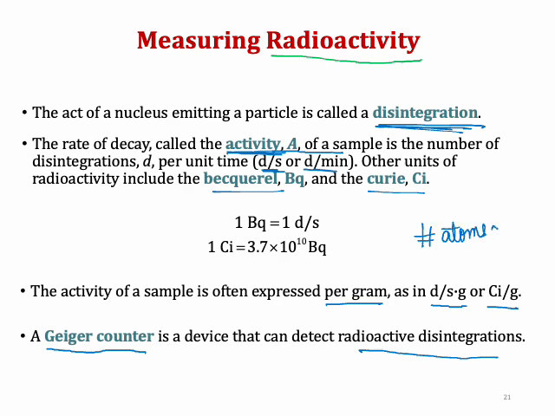More number of atoms means more grams, right? More mass. So it is dependent on the mass of the atoms that you have. If you have more atoms, it will undergo faster decay. If you have fewer atoms, it will undergo slower decay. So that's why this is also included in the activity. The unit of activity is usually how many disintegrations per unit time per gram of an atom.